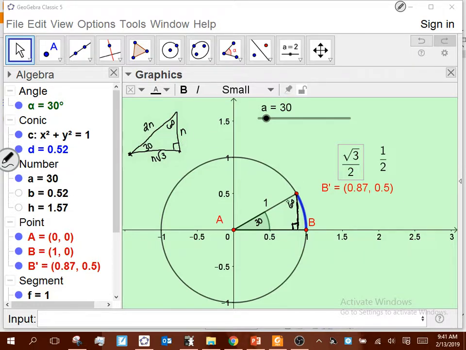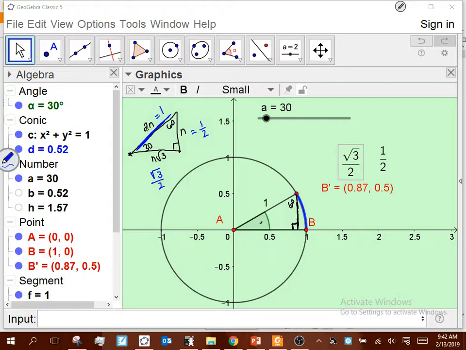Well, right now in the unit circle, this 2n is that distance right there, isn't it? So it's what? 2n should equal 1. So if 2n equals 1, can I solve that equation for n and get 1/2? And then come down here and say, well, n times radical 3 would be radical 3 over 2.